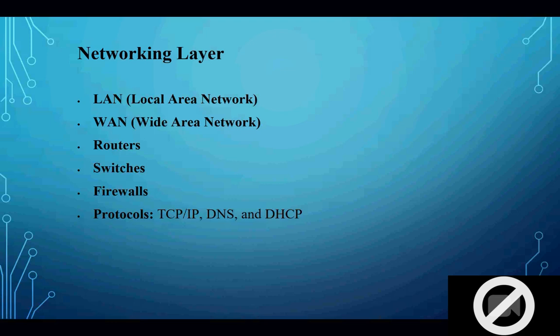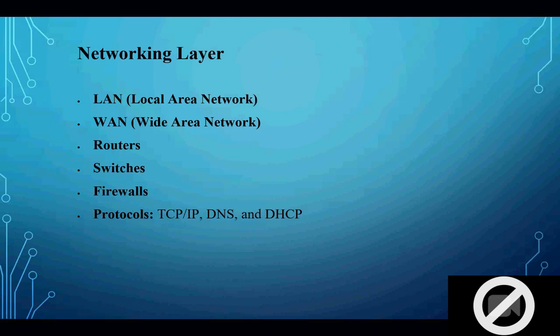Networking layer. This layer connects all the physical devices and makes communication between them possible. We have a local area network that connects devices within a small area like an office or your home.